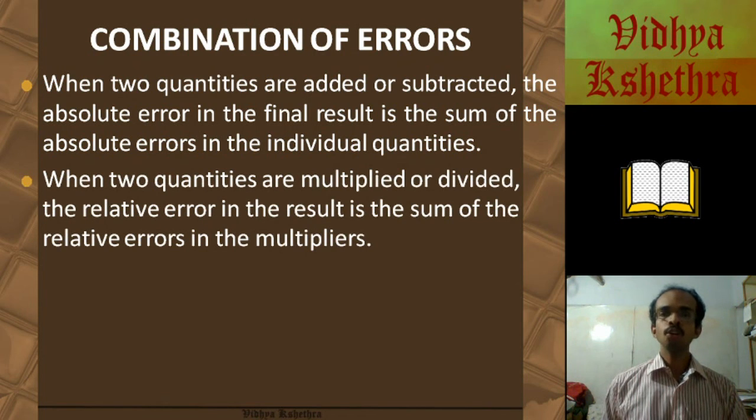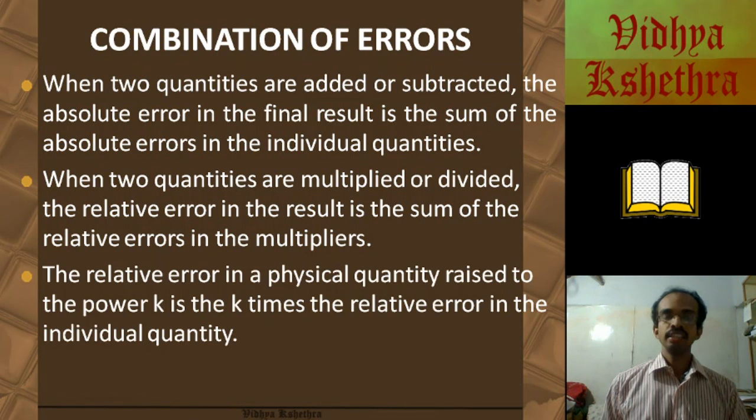When two quantities are multiplied or divided, the relative error in the result is the sum of the relative errors in the quantities. The third condition is that the relative error in a physical quantity raised to the power k is k times the relative error in the individual quantity.